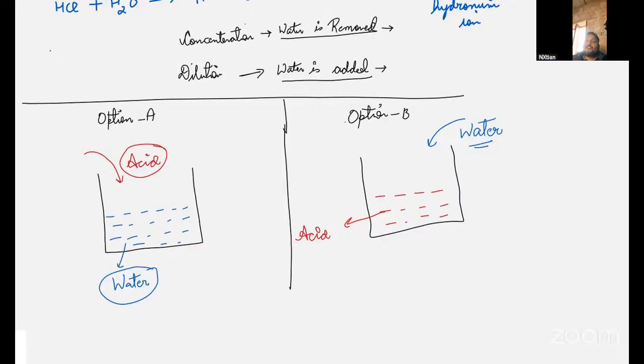Why option A? I will ask Ira because Ira chose option A. Sir, I just felt like when you have the water, then you know the quantity of acid to put in. No, this is not the answer. Jashran chose A. Why?